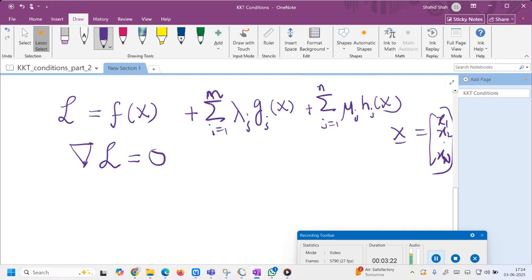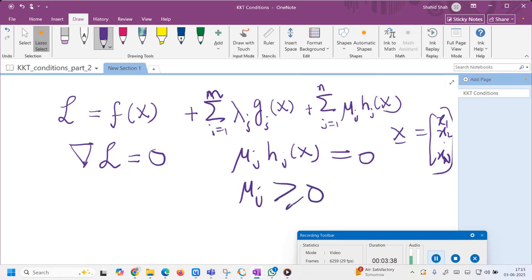And what are the further conditions for KKT? One of the conditions is that mu_j times h_j of x, the product of these two, is equal to 0, and mu_j is non-negative.